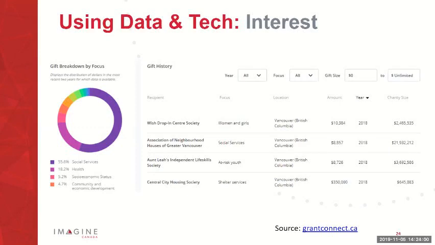Are they a similar size to mine in terms of annual revenue? And on the left here, we also have some data visualizations that really can highlight for you a funder's giving tendencies and a breakdown of their areas of focus, which is always really helpful when you're doing your prospect research.